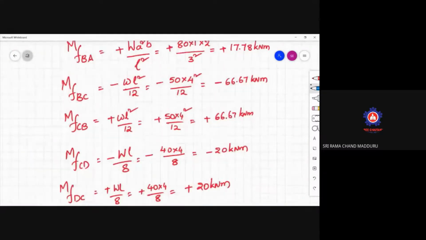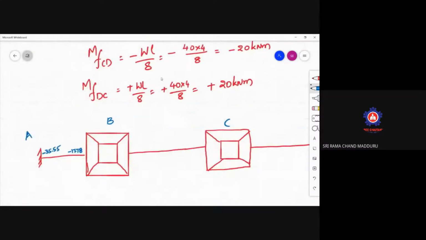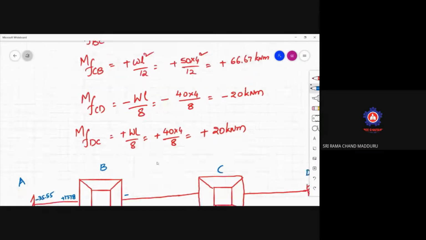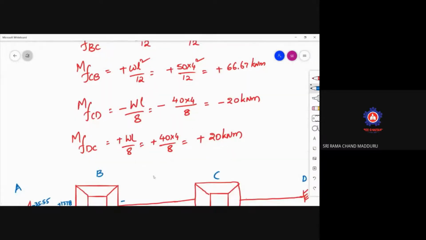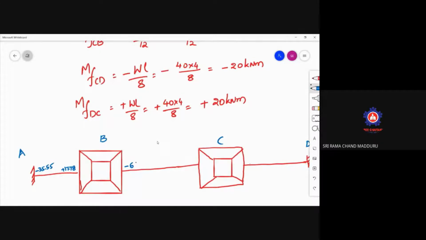Then minus 66.67, minus 20. Now, after writing this, plus 66.67.